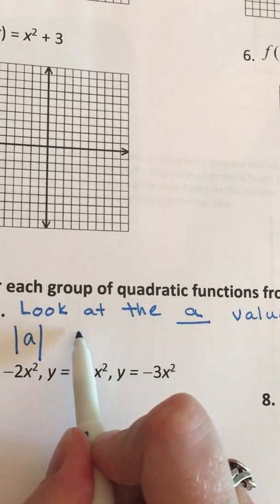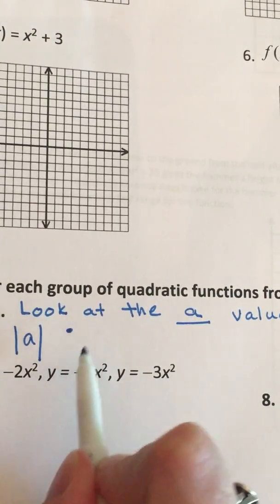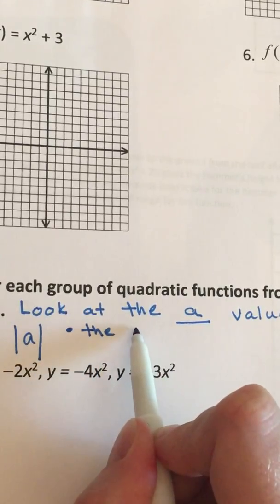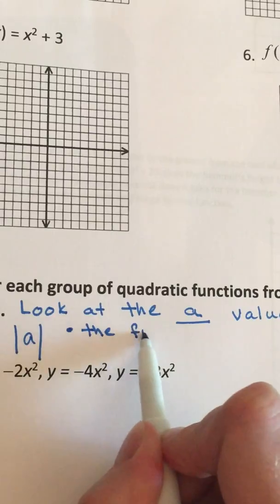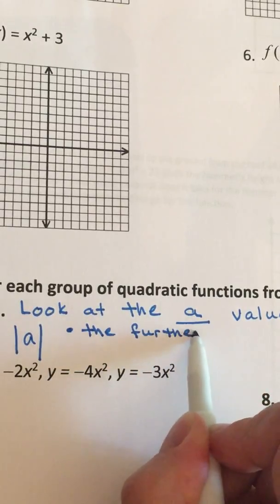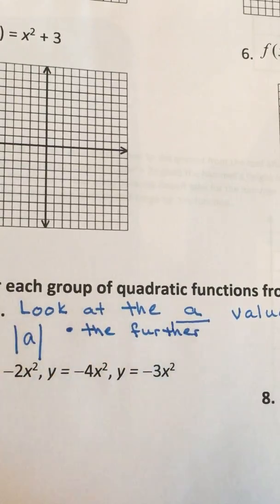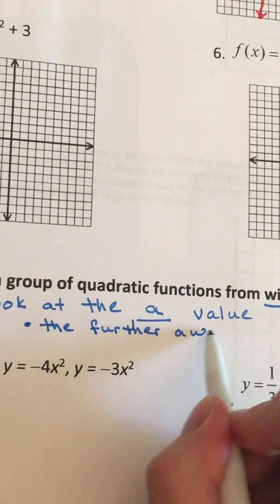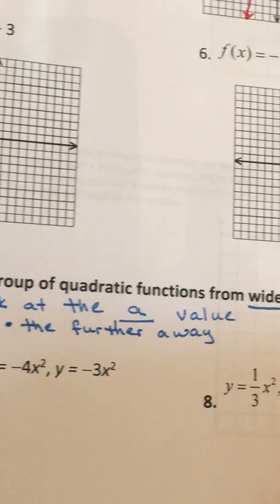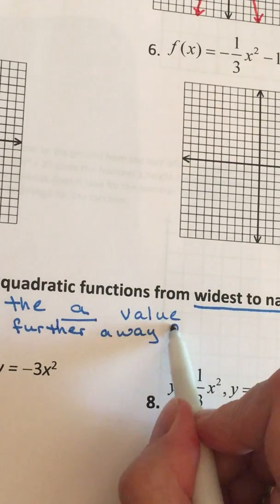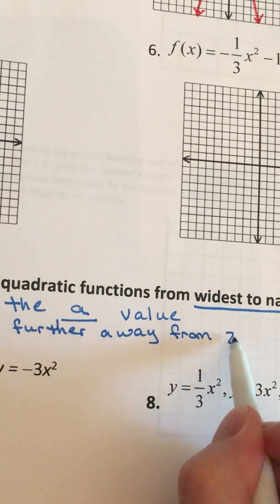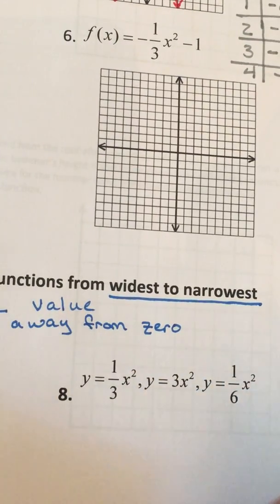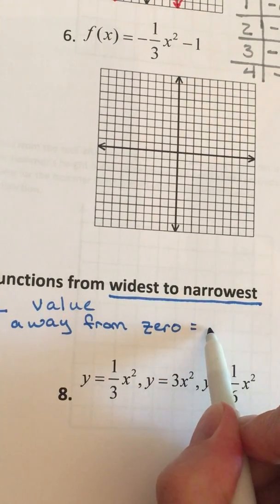So we can say two things. The further away from 0 equals more narrow.